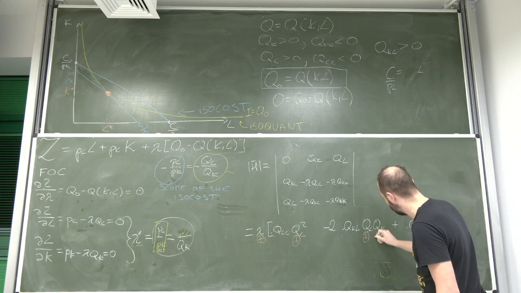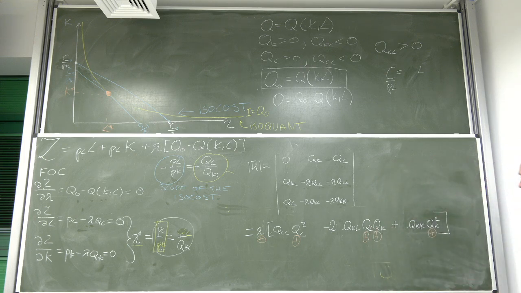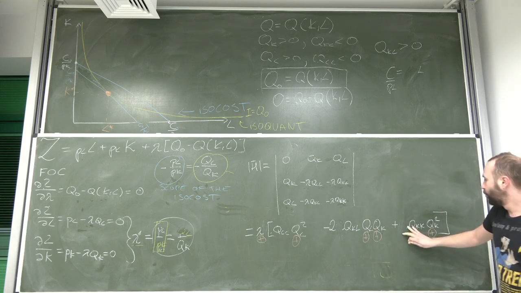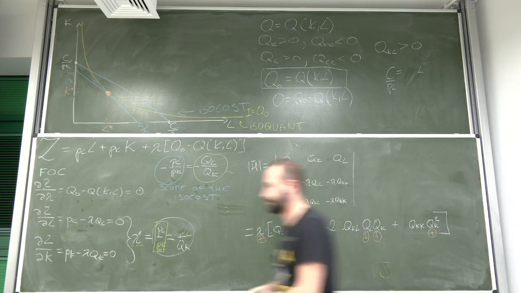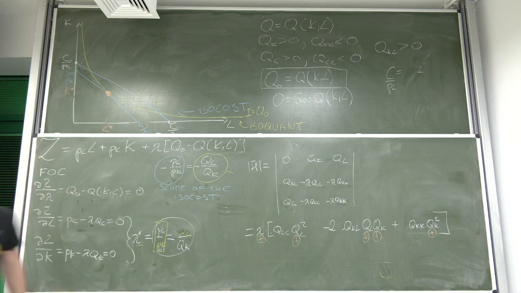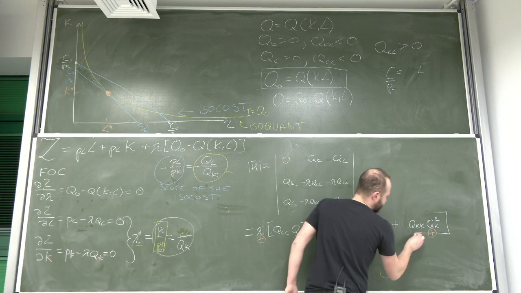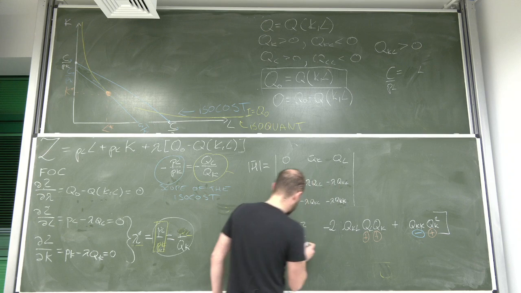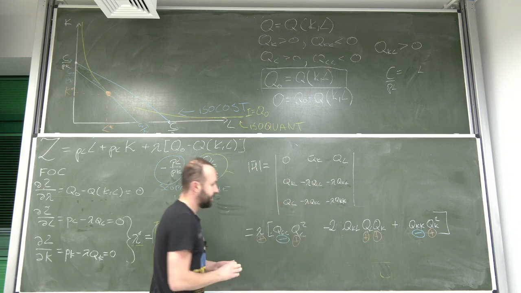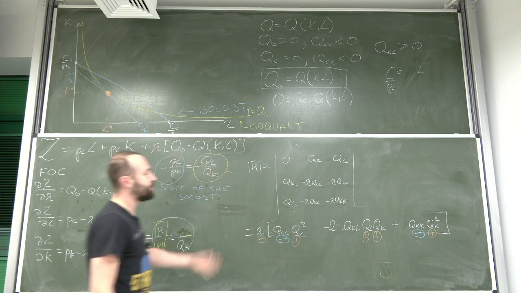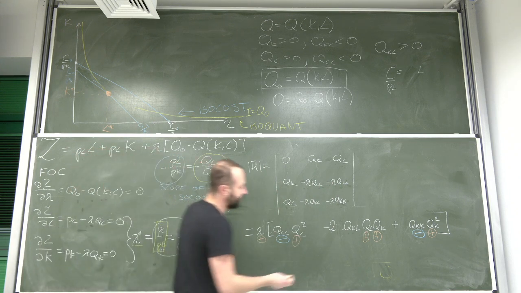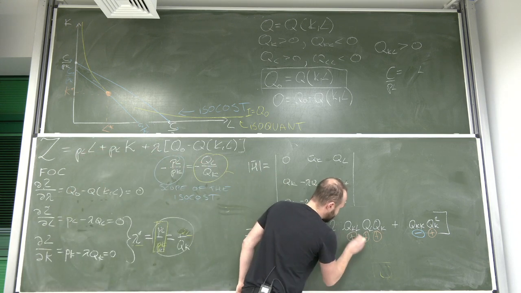So we get that this and this are positive. However, we know that we've got decreasing returns to factors, so second derivatives with respect to the same variable are negative. And finally, we know that having more capital increases the productivity of labor, so this is positive as well.